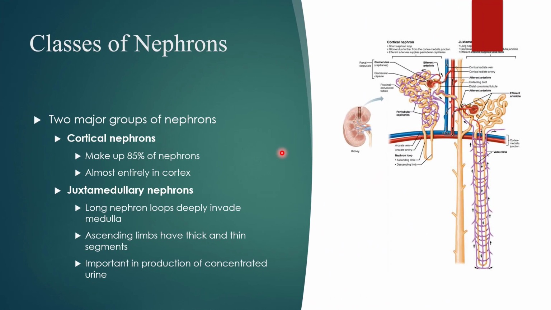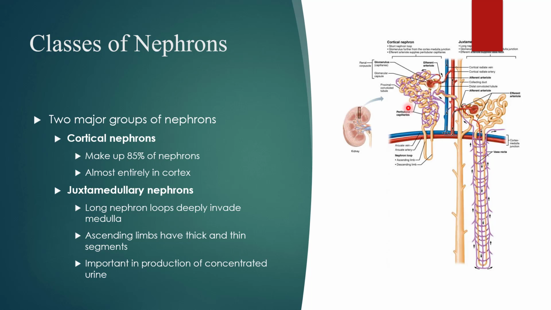Okay. So, are all nephrons alike? Well, they're supposed to be. But there are different sizes. Because of the sizes of the nephron, and some parts of the nephron being longer than others, it gives them some differences in their function.